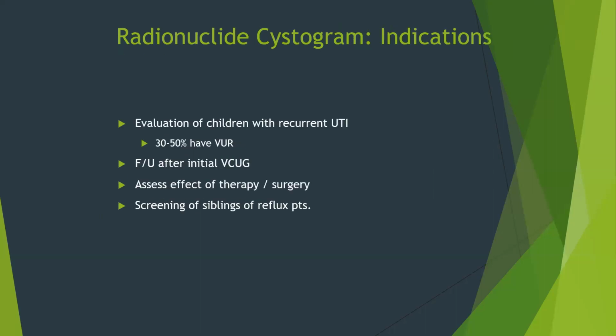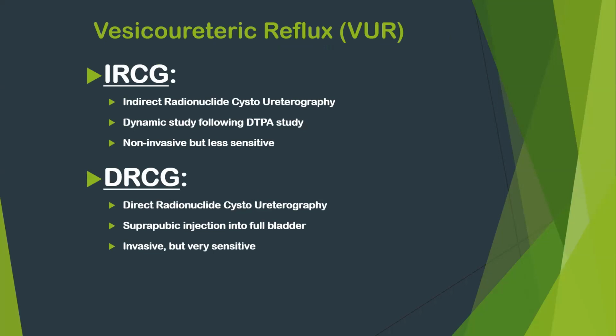Talking about the radionuclide cystograms, the basic indications are in the evaluation of children with recurrent UTIs, where 30 to 50% have VUR. Then follow-up after initial VCUG, assessing the effect of therapy or surgery, and also screening of siblings of reflux patients.